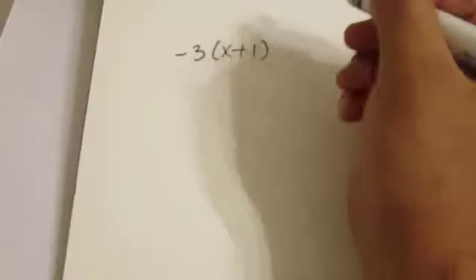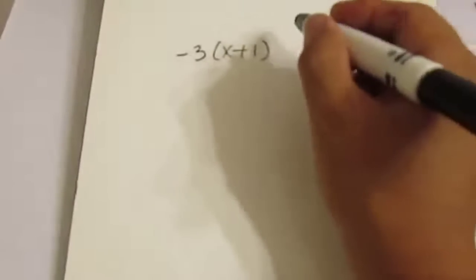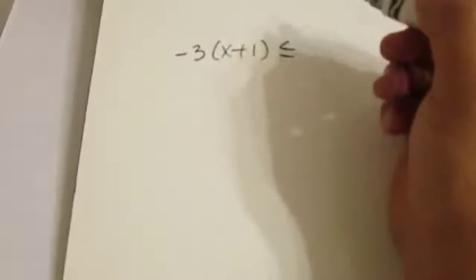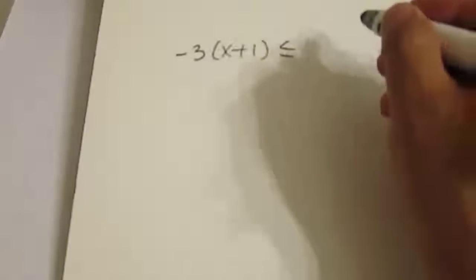Okay, so second problem is, this time it involves the distributive property, well, not necessarily, but I'll go ahead and do that. So negative 3 times x plus 1 is less than or equal to negative 18.